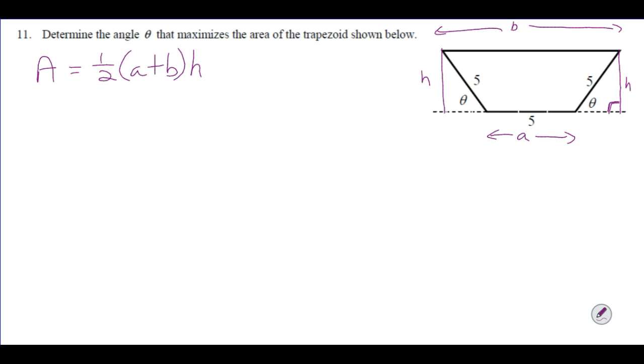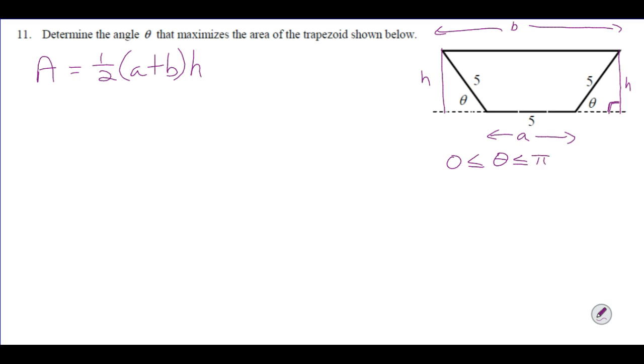So in terms of theta and 5, what's H? What can our angle theta be between? Actually, you can go from 0 to pi.